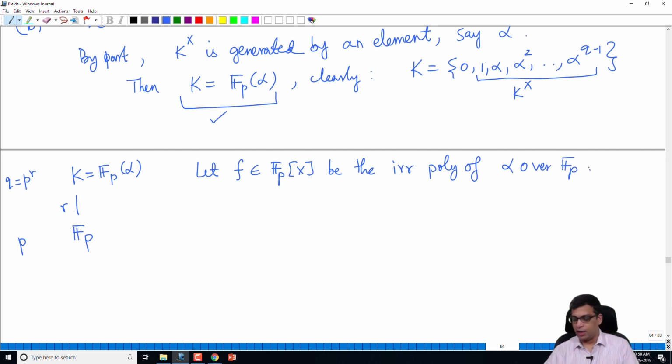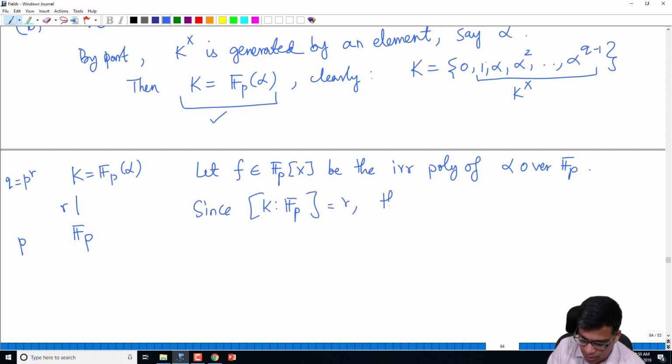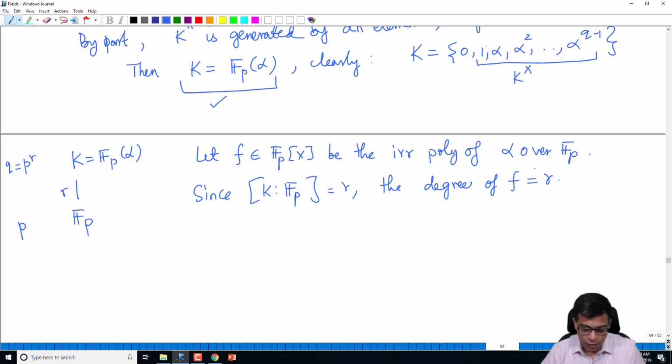It is an algebraic element, so we can take its irreducible polynomial. Since [K : Fp] is equal to r, the degree of f is r. Right? This is way back when we talked about degree of field extensions versus degree of elements. So degree of f itself is r.